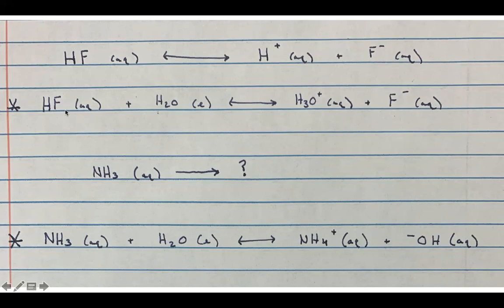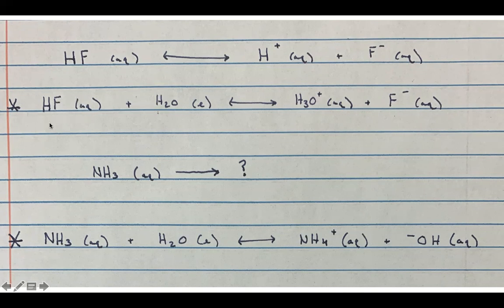But you can also write it as your HF, because it's aqueous, it'll be in water, right? So HF aqueous means it's in water, so HF plus liquid water. And the reason why we sometimes write it in this way, HF plus water, is now we have two chemical species on our reactant side.